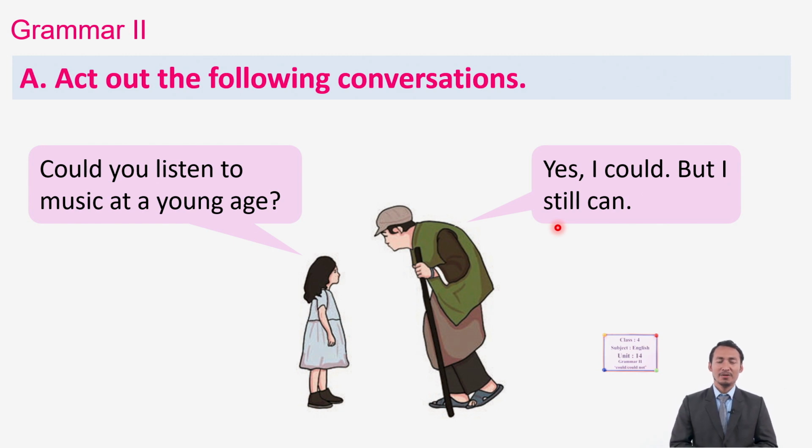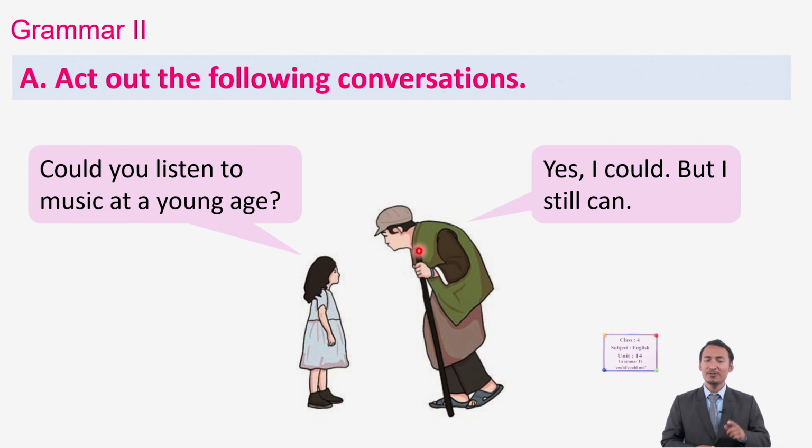Okay, yes. What did you hear? A small grandchild is asking her grandmother, could you listen to music at a young age? Because when you get older, what happens? You lose your hearing power. Your grandmother and your grandfather may not hear you clearly, right?